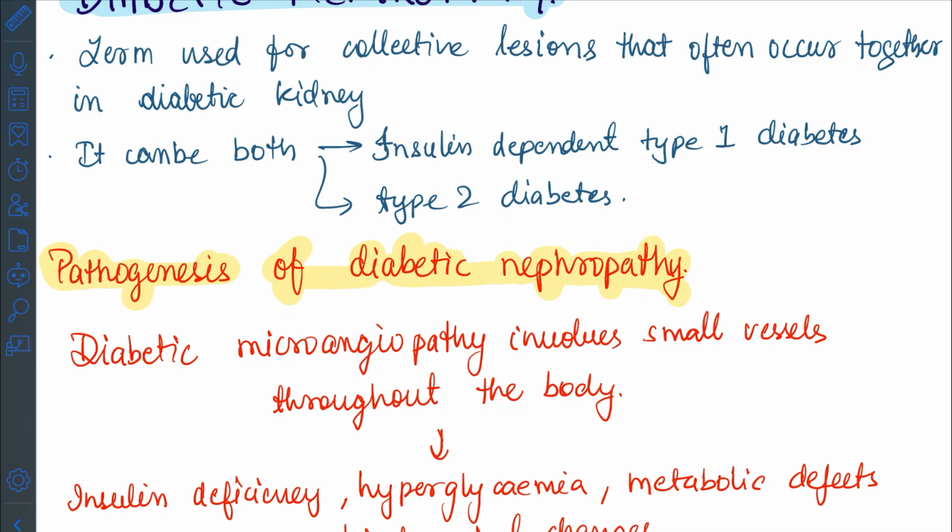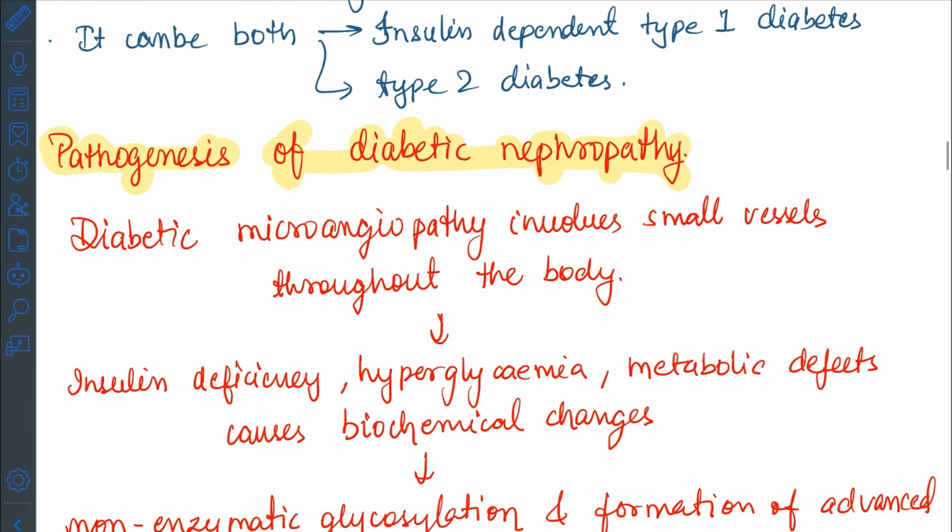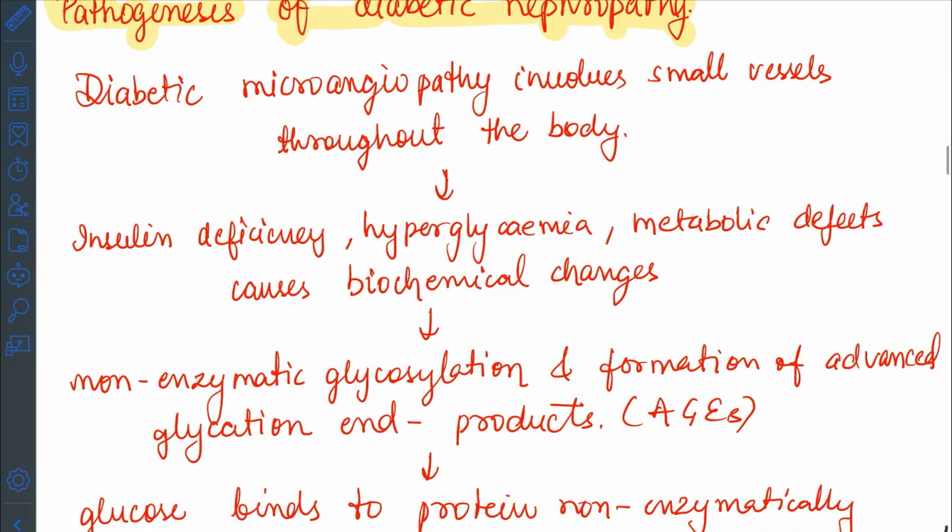Let's look into the pathogenesis of diabetic nephropathy. What actually happens here is that diabetic microangiopathy involves small blood vessels throughout the body. The characteristics of diabetes, which are insulin deficiency, hyperglycemia and metabolic defect, all lead to biochemical changes.